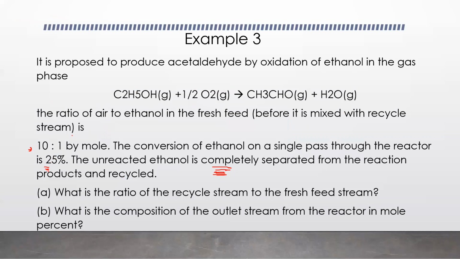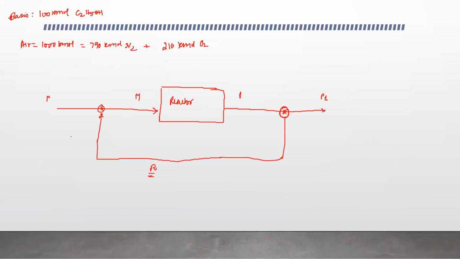Then they have given per pass conversion is 25%. Now, all the ethanol that is unreacted is sent back. So therefore, we are going to get R as our ethanol.